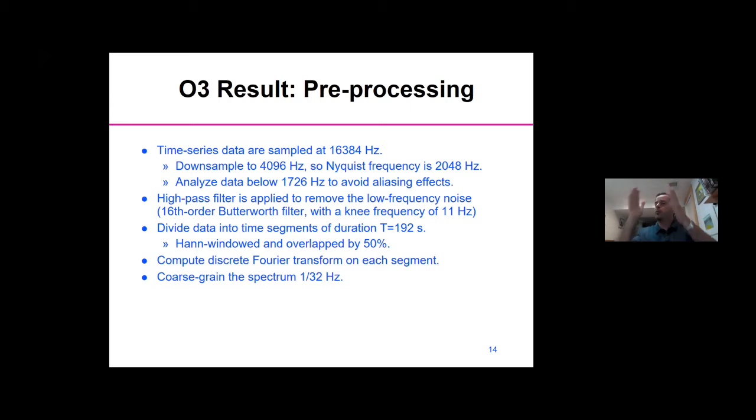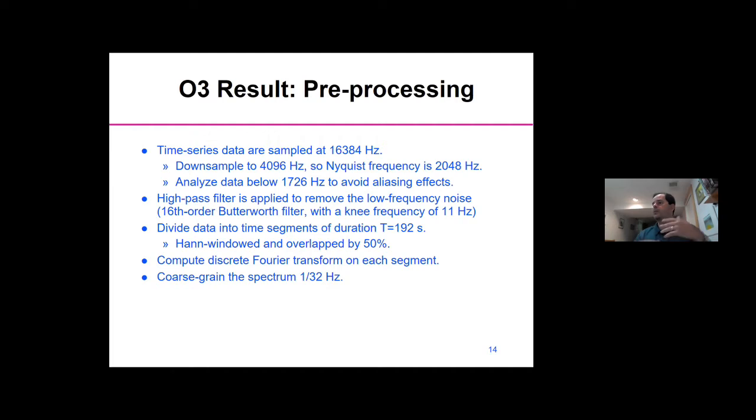Now, when you do a window like that, you're also losing information. So what we do is we apply the Hann window, which effectively removes half of our data. But then we overlap these 192 second segments. We overlap them by 50%. So that way we recover the loss of information.